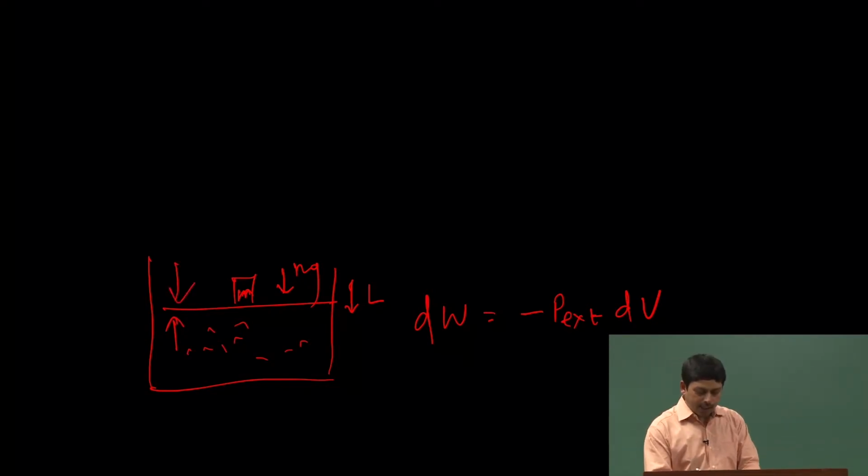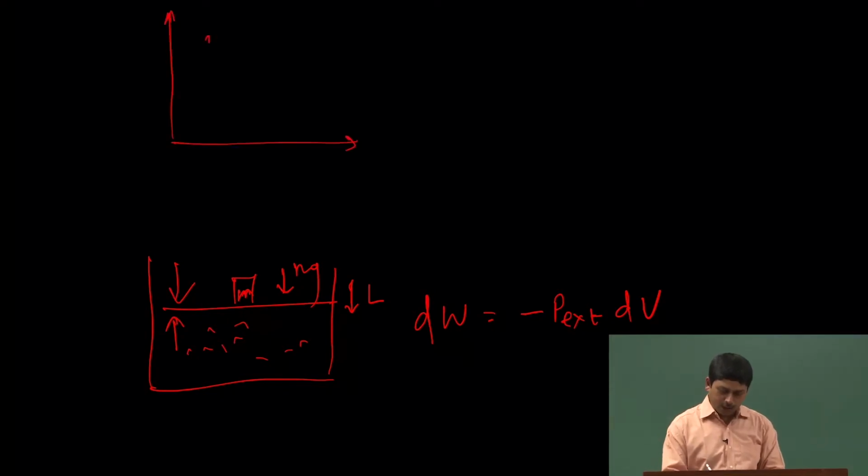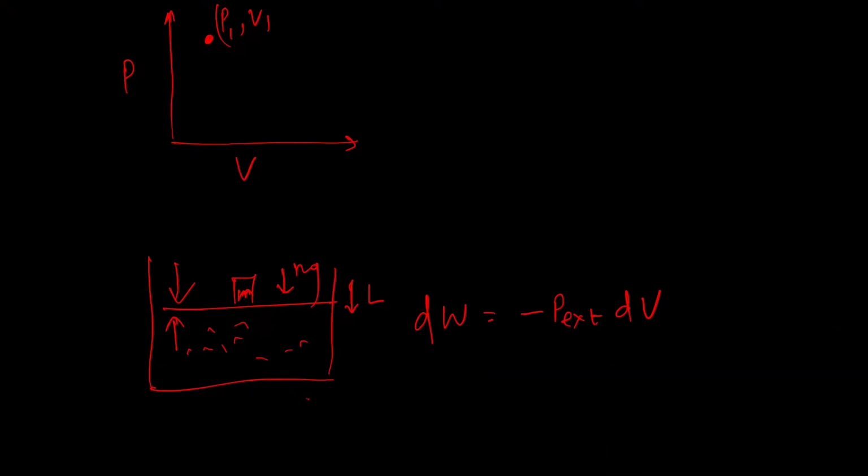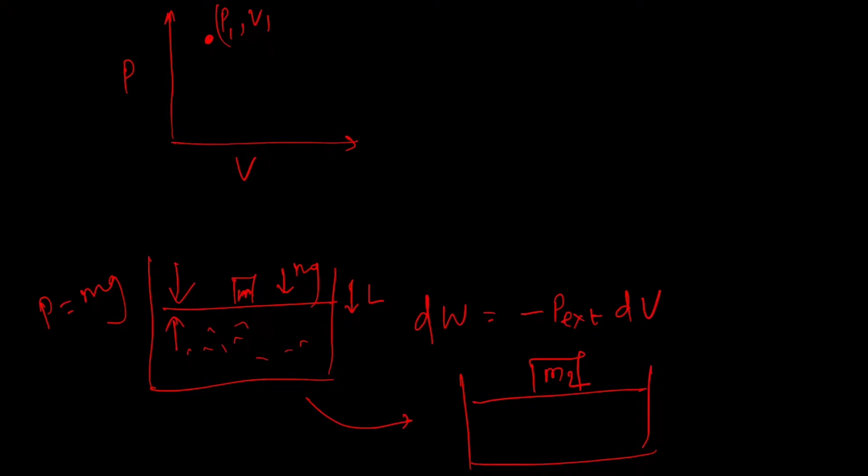However, let us say that point we can consider as here. Let us say it is a PV diagram and the initial pressure is P1, volume is V1, when there is a mass m sitting there. Now, let us say suddenly we change the system to M2. Whenever we change the system to M2, here the pressure was mg, let us say that was P1 equal to mg, and here the pressure is M2g.